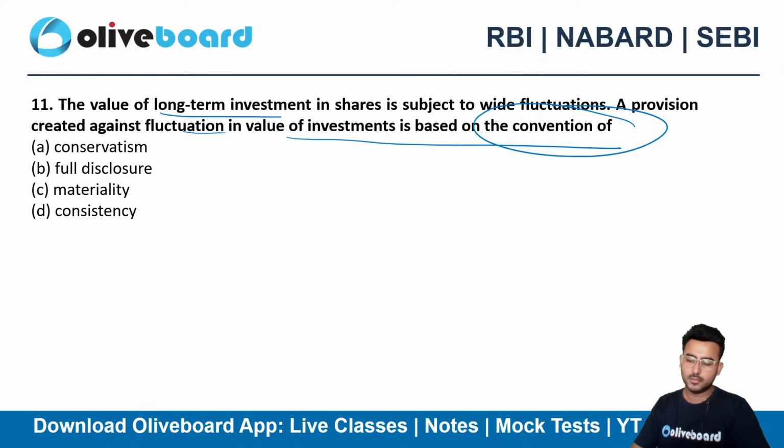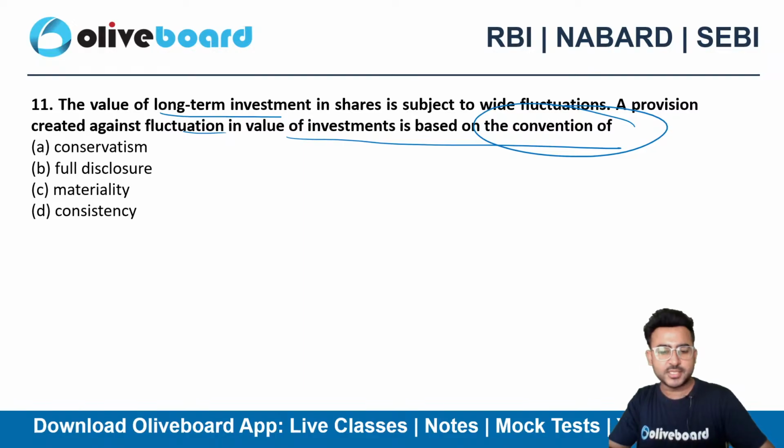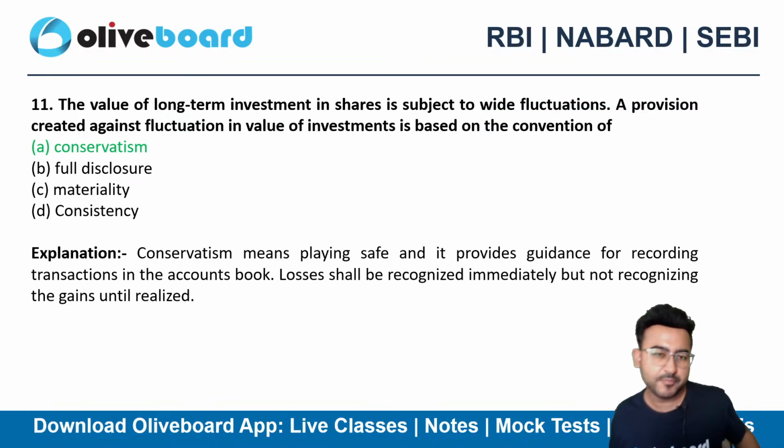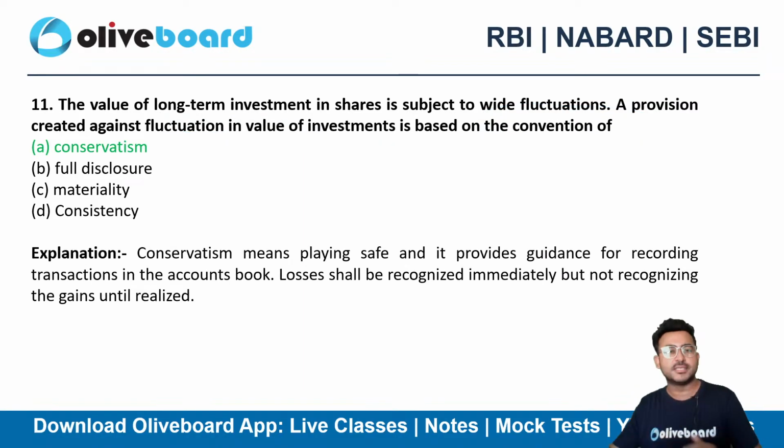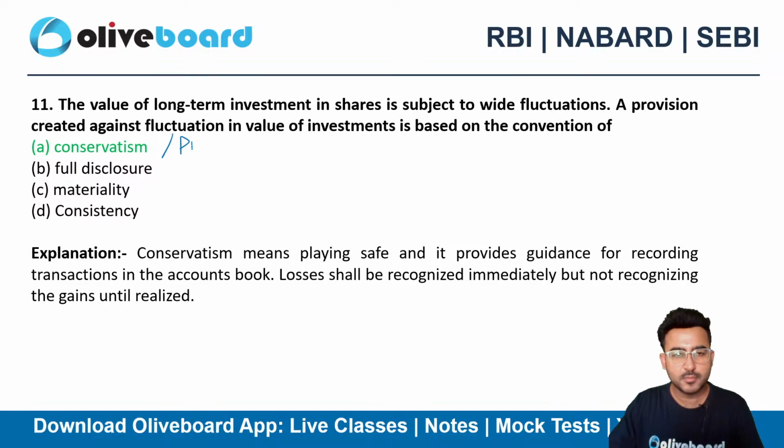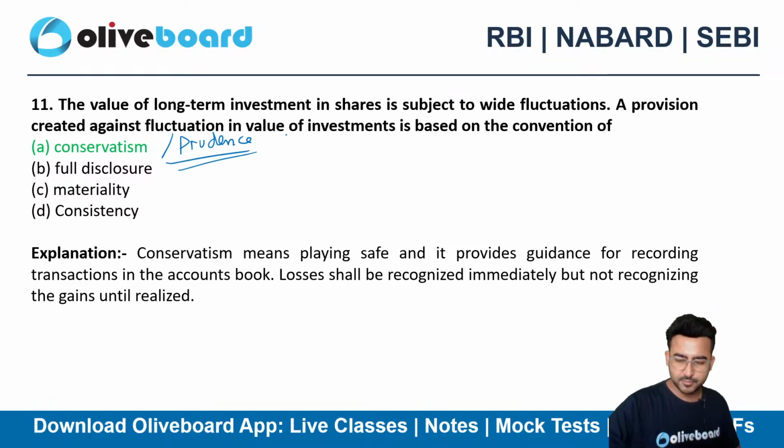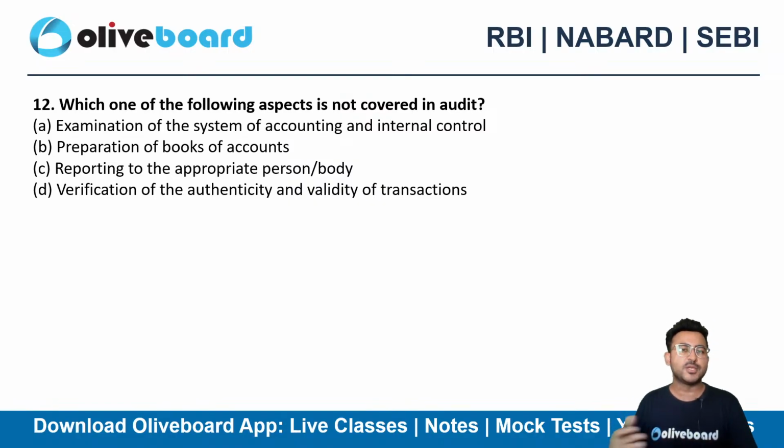What should be the correct choice here, guys? The correct choice here will be conservatism, or we can call it prudence. एक ही बात होती है, ठीक है? Prudence बोलो, conservatism बोलो.